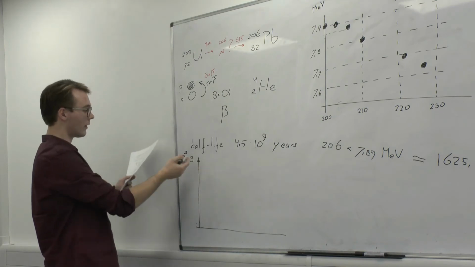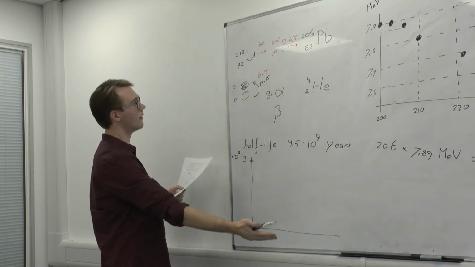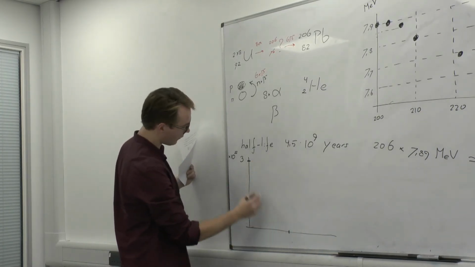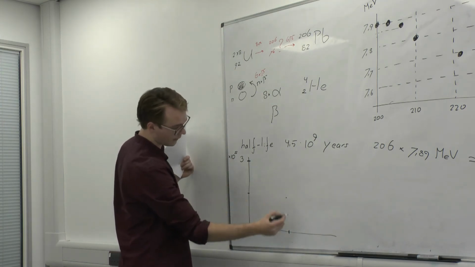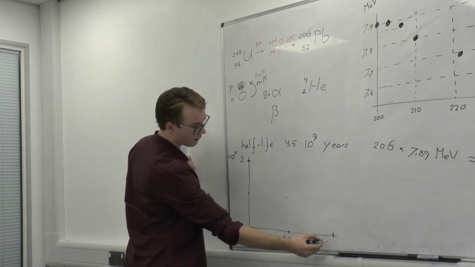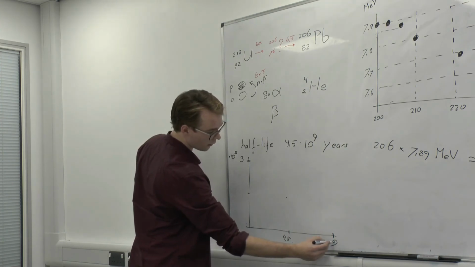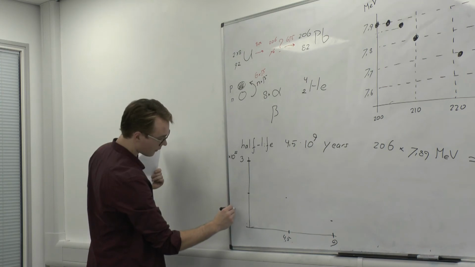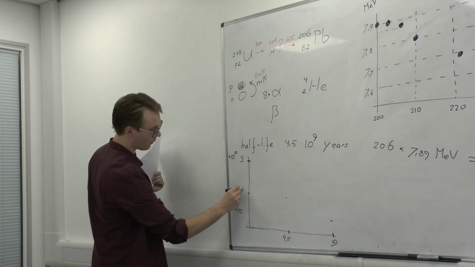So you start with a rock that has 3 times 10 to the 22 atoms, and then it will slowly start to decay over time. After 4.5 times 10 to the 9 years, you only have 1.5 times 10 to the 22 atoms left. And after 9 times 10 to the 9 years, you only have 0.75 of them left.